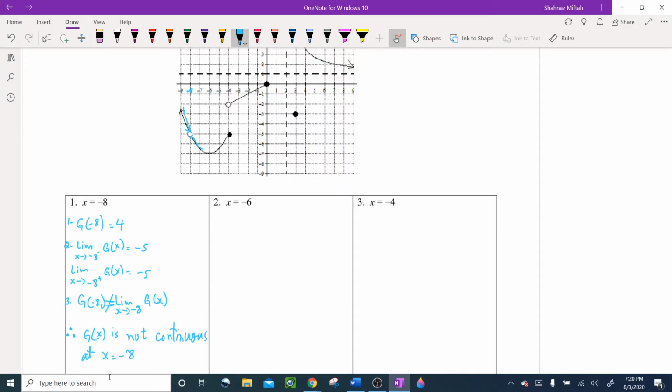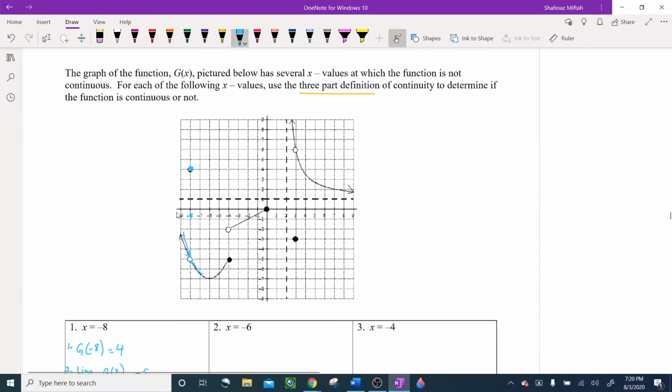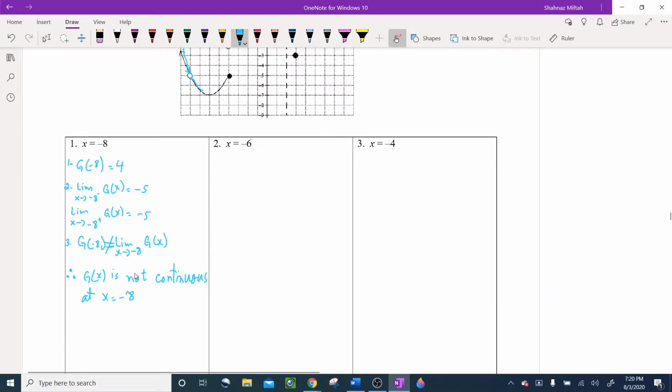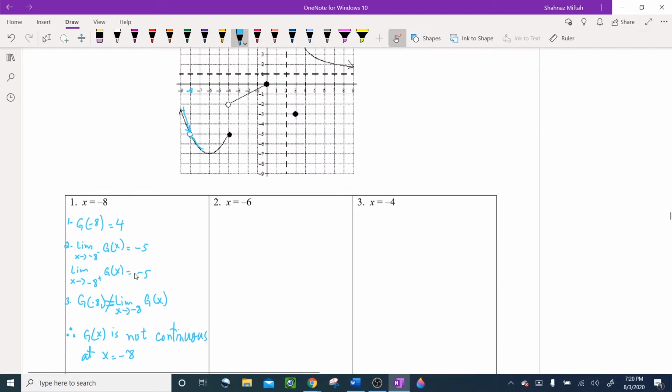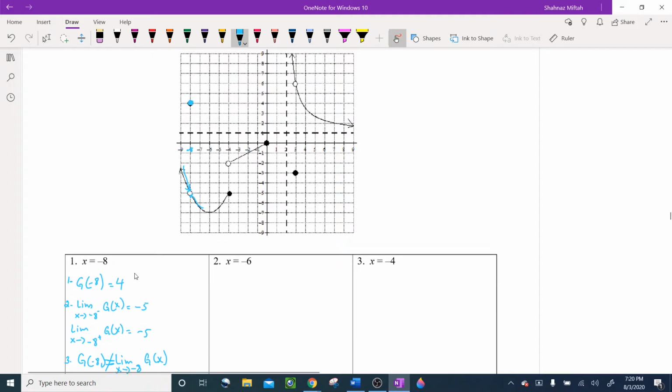That's all. And because they are asking me to determine if the function is continuous or not, I have to give them the reason why it's not continuous. Okay, let's try question number 2, the negative 6 part.